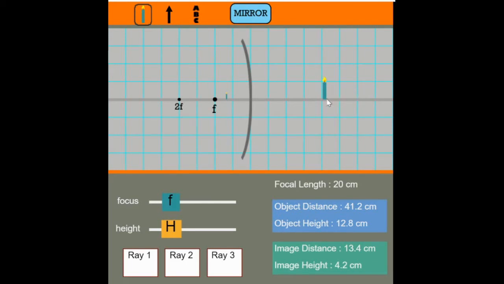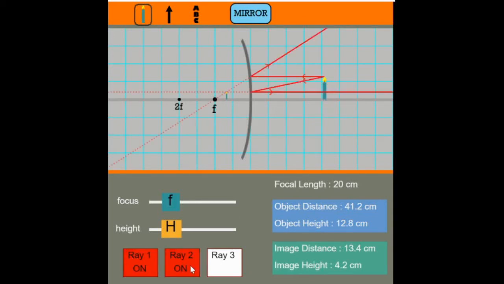Is it clear? So now it is placed at C. See R1, R2 and R3. Here the image is formed. Are the characteristics the same as before? Yes.